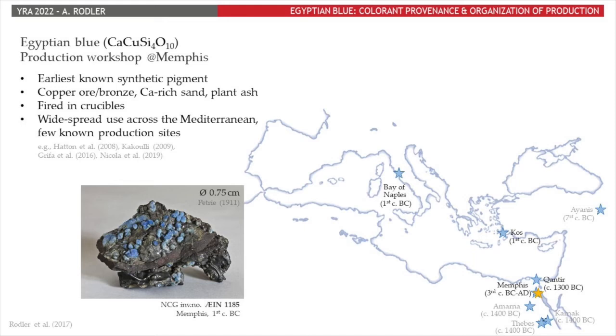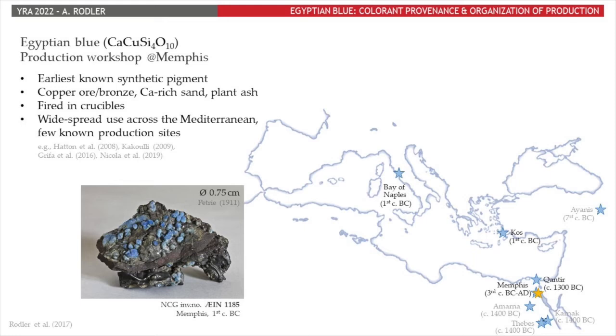It was liquefied in crucibles and was used very widely across the Mediterranean, first starting in Egypt, as I mentioned earlier, and then soon coming to Greece, and from there, or from both places potentially, spreading all across the Mediterranean, specifically during Roman times.